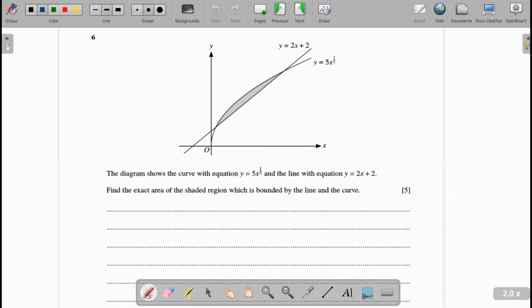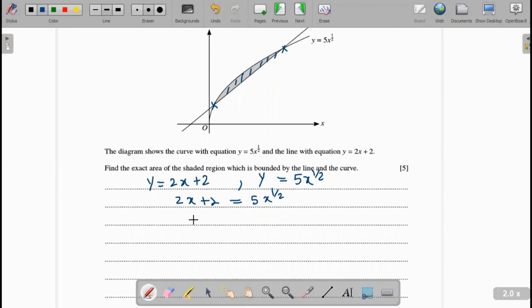Now to find the area of this shaded region, firstly we have to find the intersecting points of the curve and the line. To find the intersecting points, we equate these two equations, y equals 2x plus 2 and y equals 5x^(1/2). Then 2x plus 2 equals 5 root x.